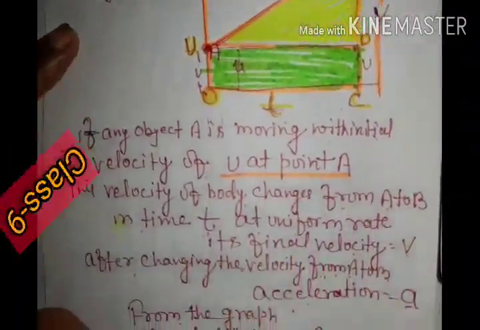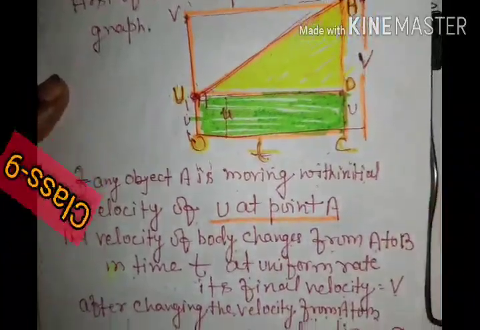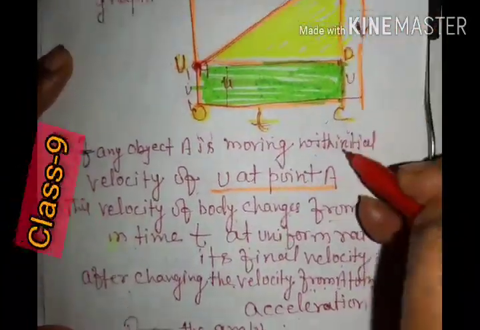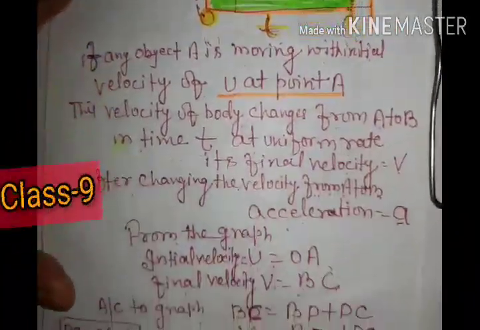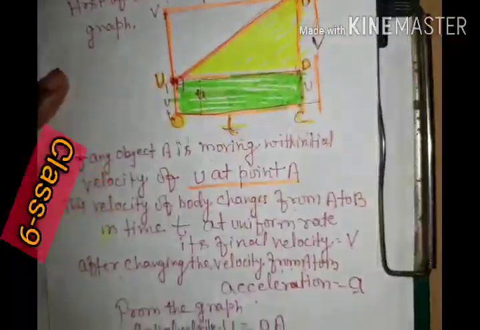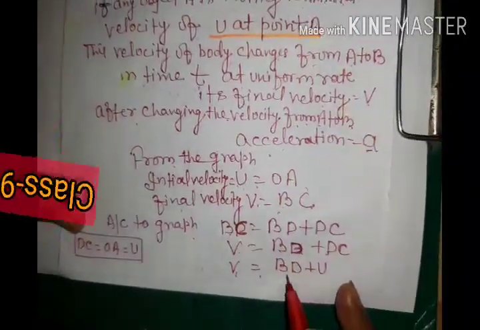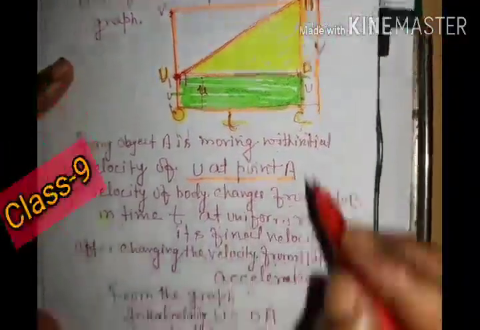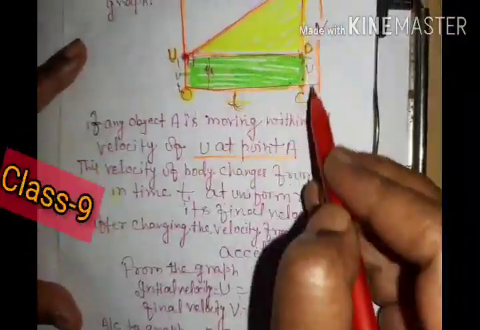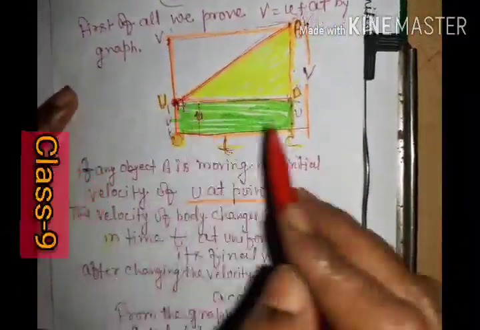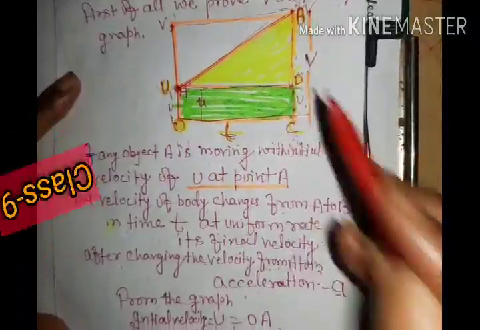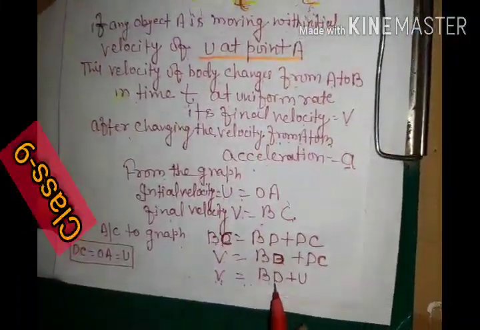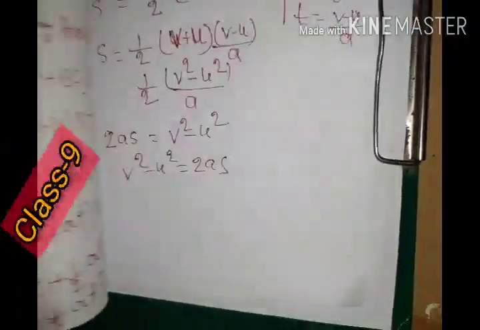According to the graph, BC is equal to BD plus DC. So v is equal to BC is equal to BD plus DC. DC is parallel to OA, so DC is equal to u. So v is equal to BD plus u.